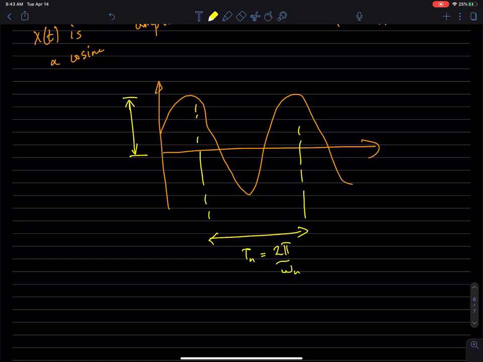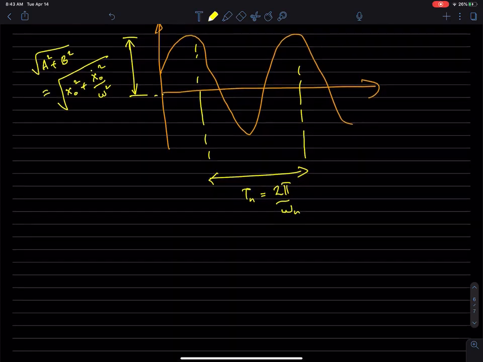The amplitude is the square root of a square plus b square, or for our purposes it's the square root of x naught square plus x naught dot square by omega square. That's the amplitude of vibration. This is x of t.